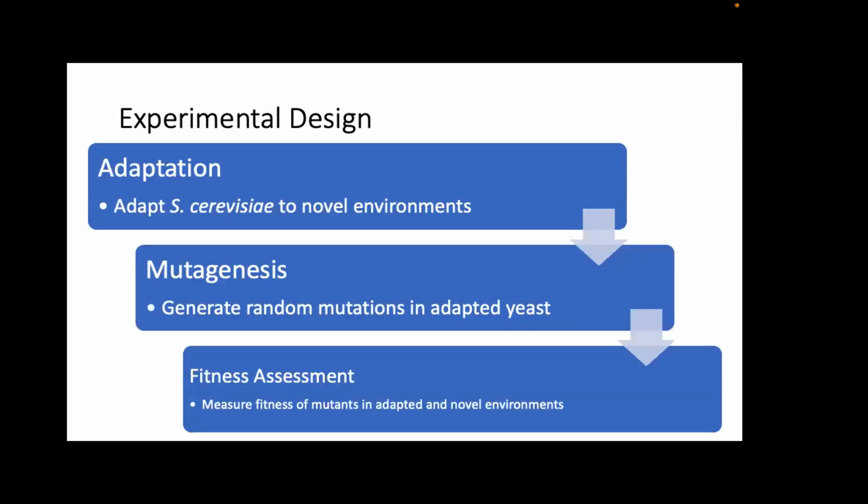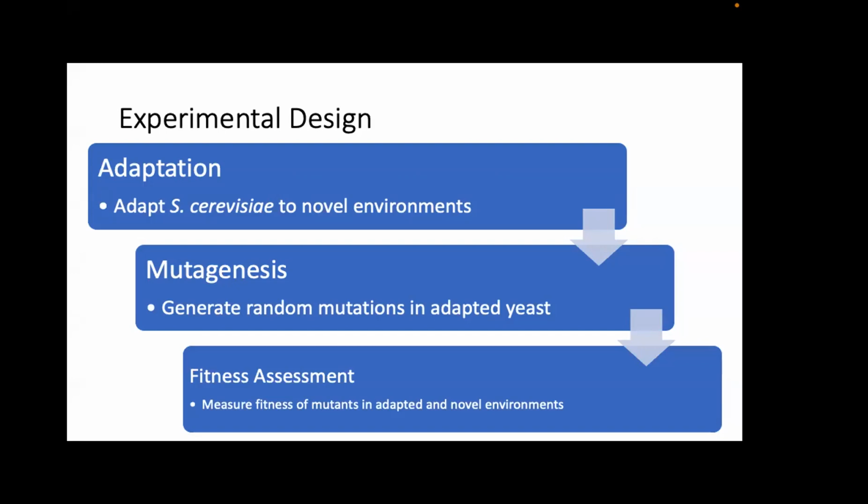Our experiment required pretty much three steps. The first step was adaptation. In order to properly test our hypothesis, we needed evidence of adaptation. We wanted lines that had adapted to their environment. So we took Saccharomyces cerevisiae and passaged them, allowing them to grow to a large population size through these generations in novel environments.